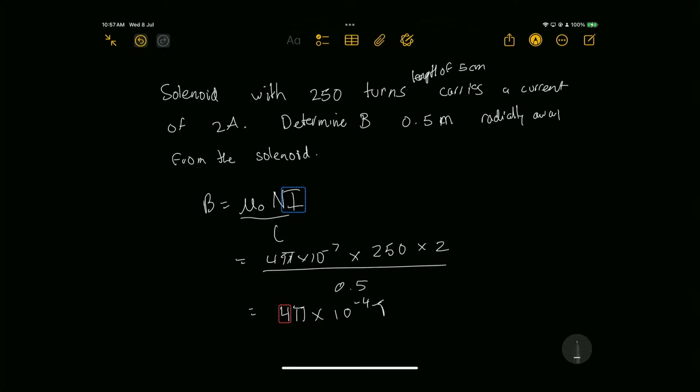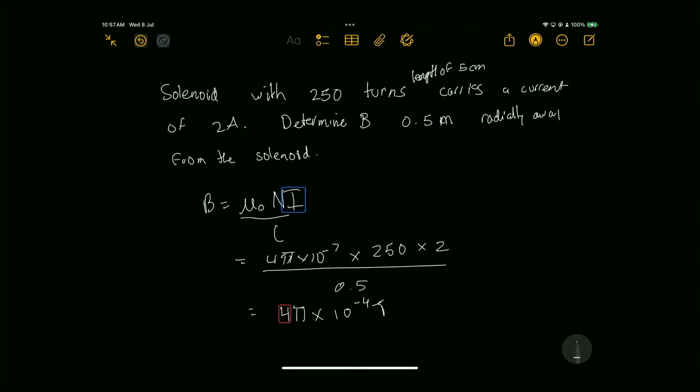Soft means that it is easy to magnetize, right? And it's also easy to be demagnetized. Whereas hard means it is not easy to be magnetized or demagnetized. So with a soft iron core, when the electromagnet is turned on, this ferromagnet can be magnetized very quickly.